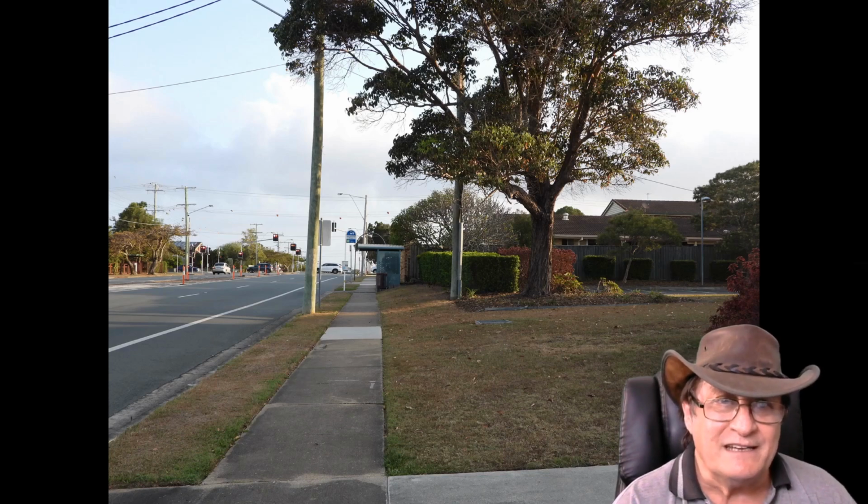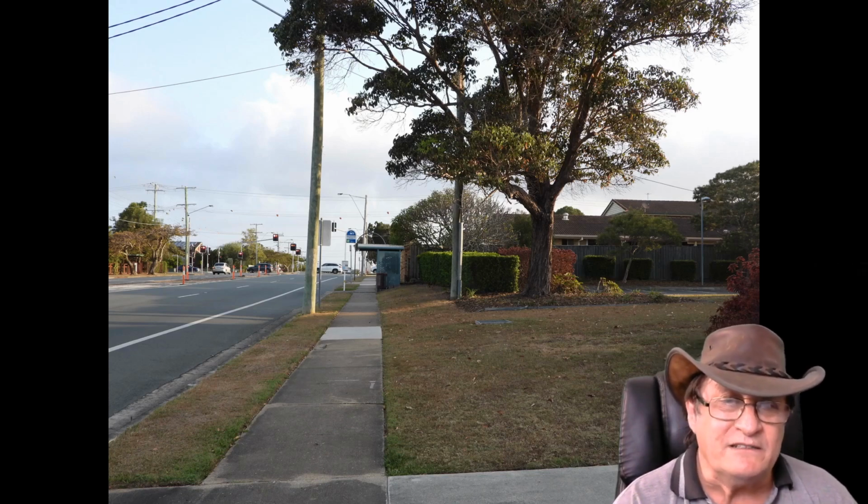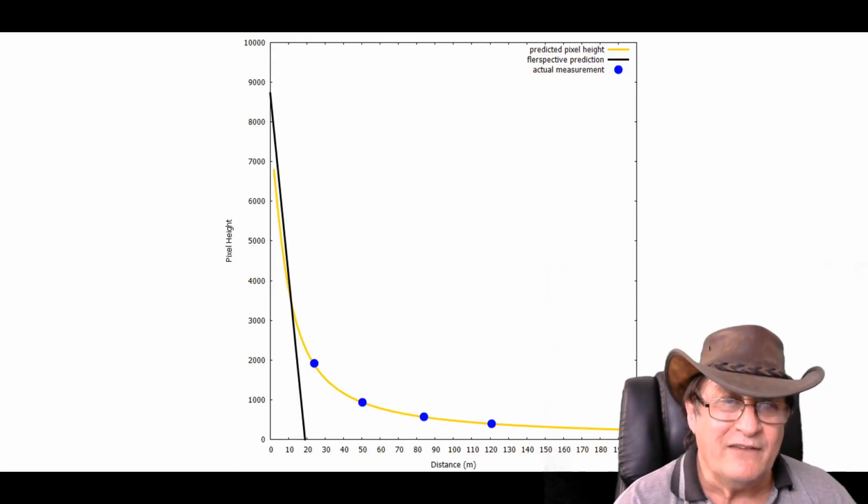Now, this is a flat bit of ground. There is no curve, so perspective is not any imaginary curve here. Perspective is working just like it would on a flat Earth, and there's certainly no R required anywhere here. You're not going to need R for this. Anybody can do this.